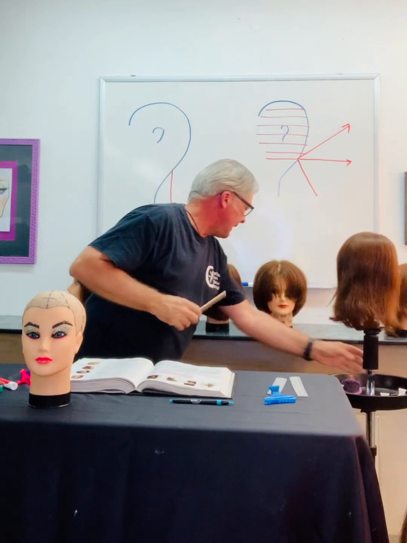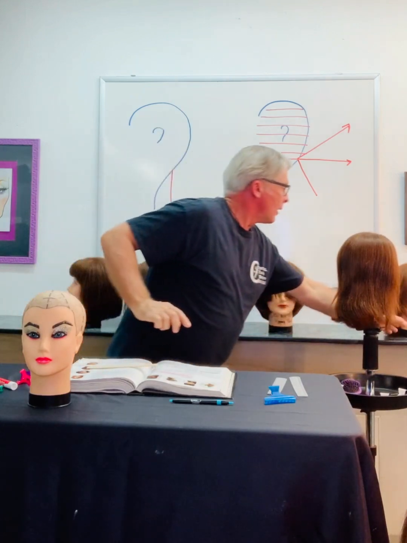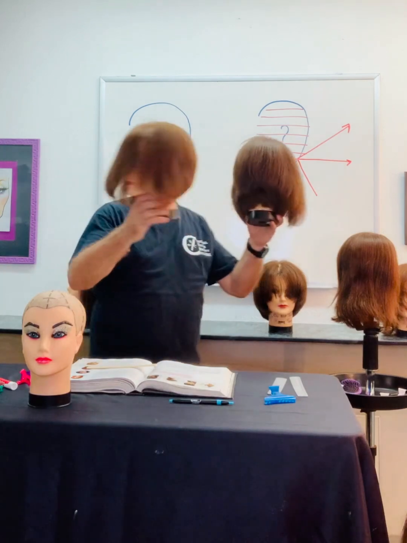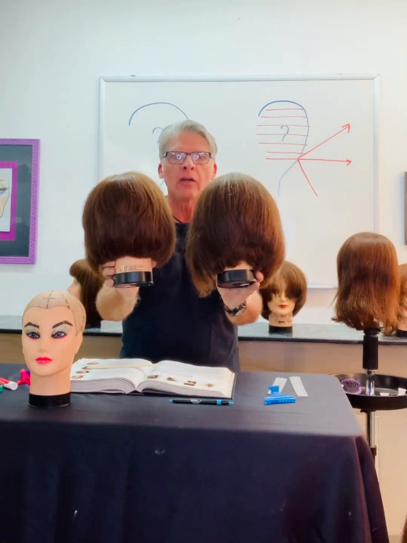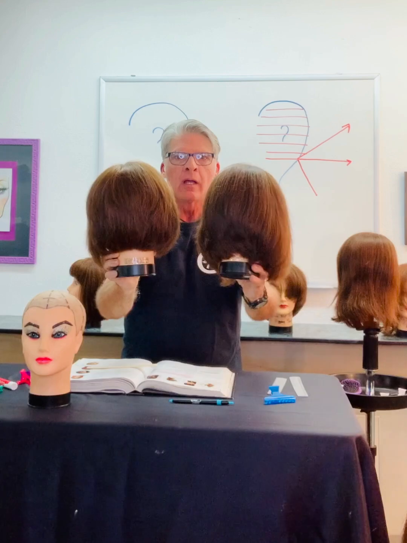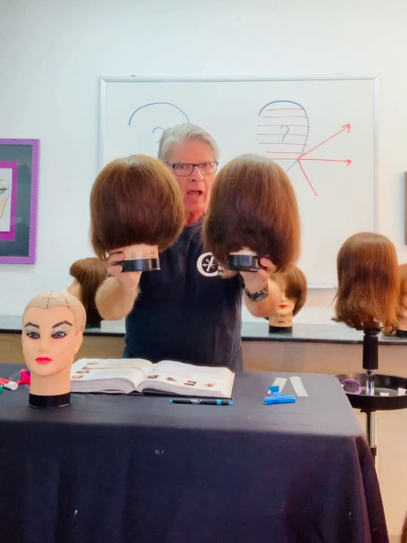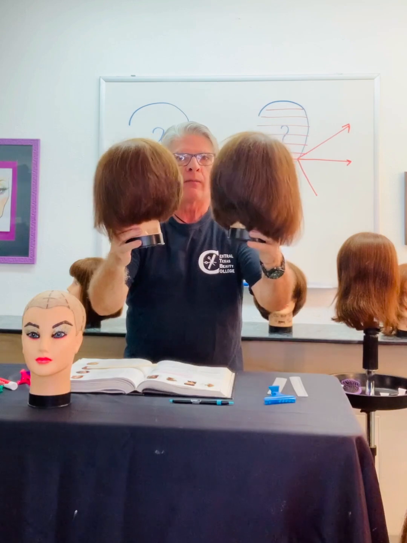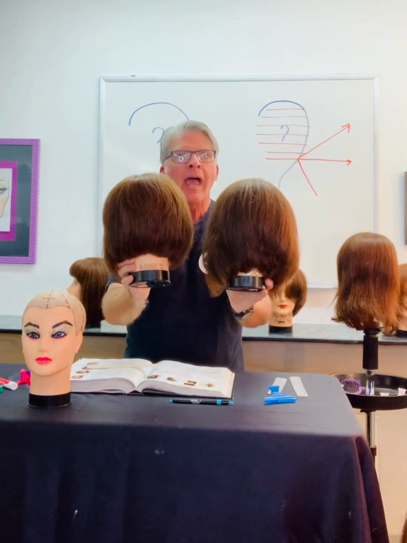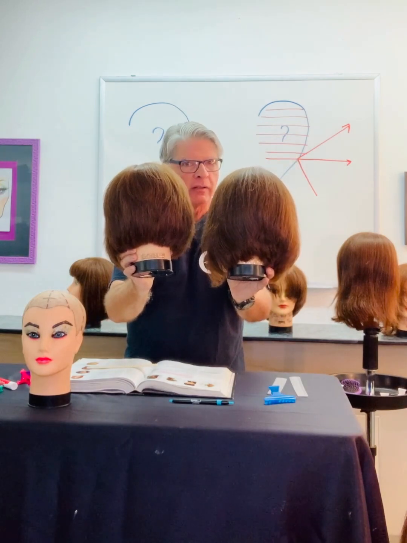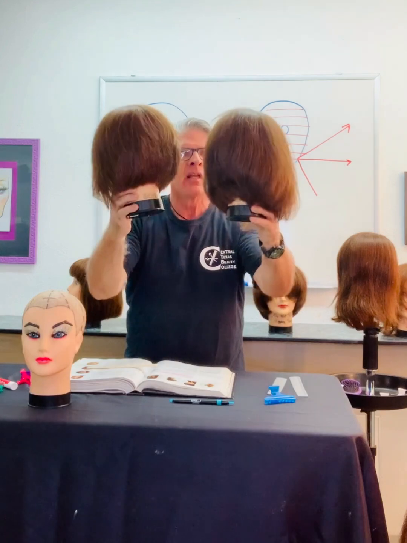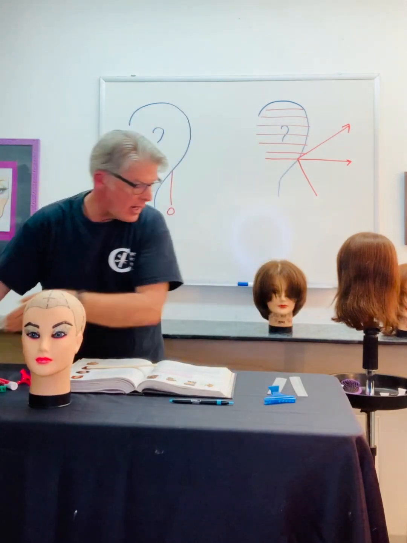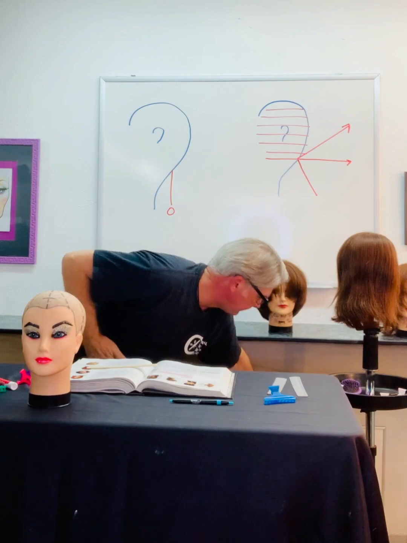You start seeing overdirection in these two haircuts. Notice how the layers are shorter in back, progressively longer in the front. These involve overdirection and elevation. There are 45 elevations and two different types of overdirection, which I'll show you on this right here.